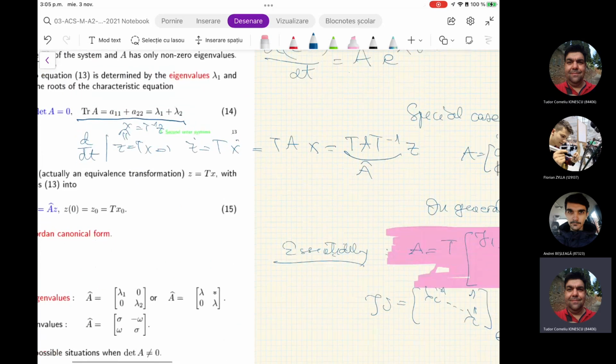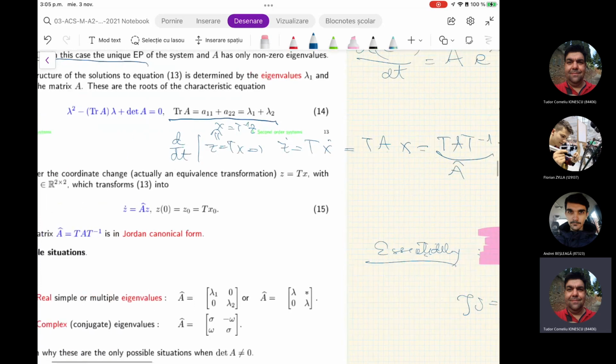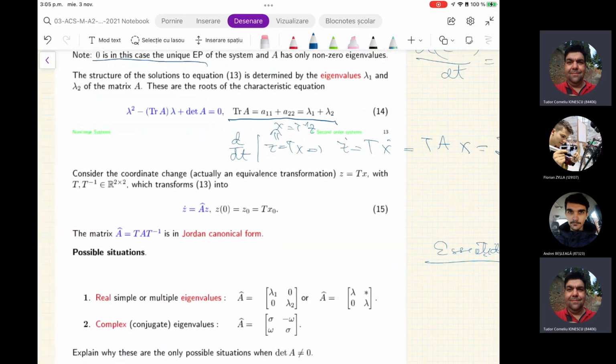This is what happens here, transforming 13 into this system 15. Note that the coordinate change also applies to the initial condition, so x naught is transformed into z naught. So you get this system, which is in Jordan canonical form.